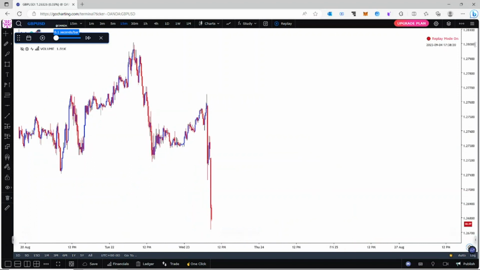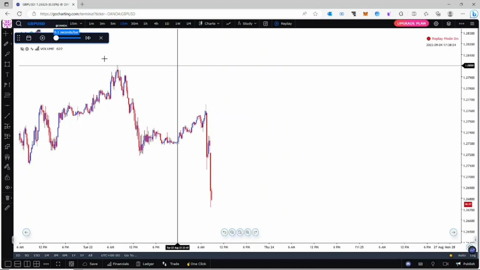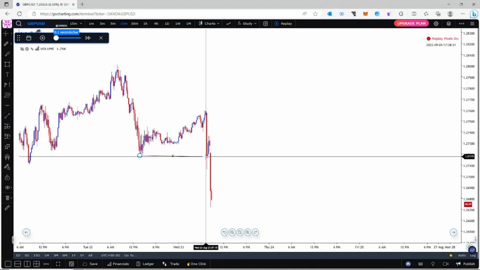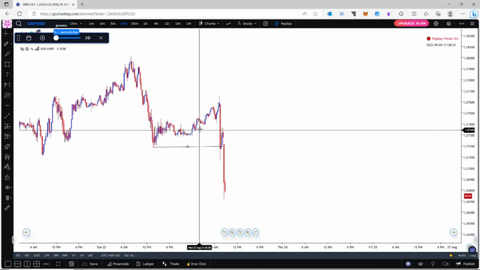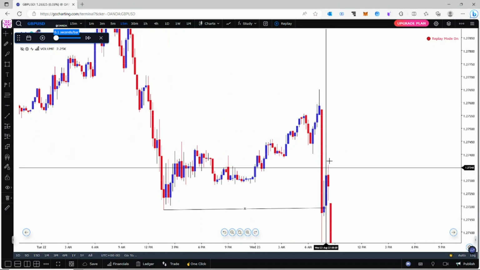Alright, so we can see that we had a break of structure here to the downside. Okay, so is this really a break of structure? Let's ask ourselves.